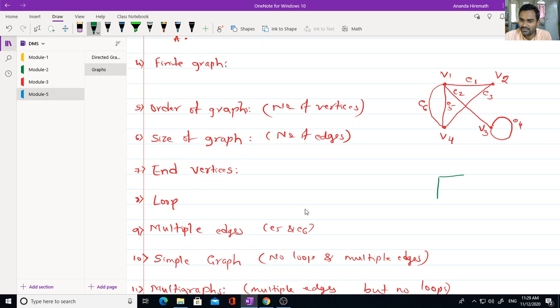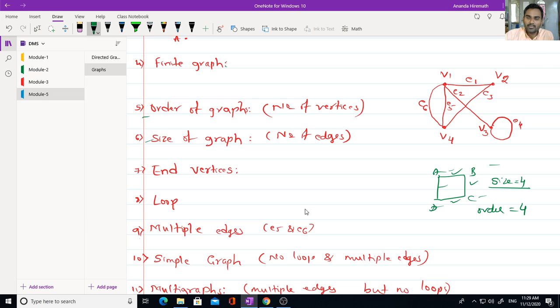Say for example, if this is a graph A, B, C, D, then the order of this graph is equal to 4 because there are 4 vertices. Next, the sixth one, size of a graph, is nothing but the number of edges in a graph. Now if I want the size of this graph, then it will be 1, 2, 3, 4. There are 4 edges, so the size is 4.